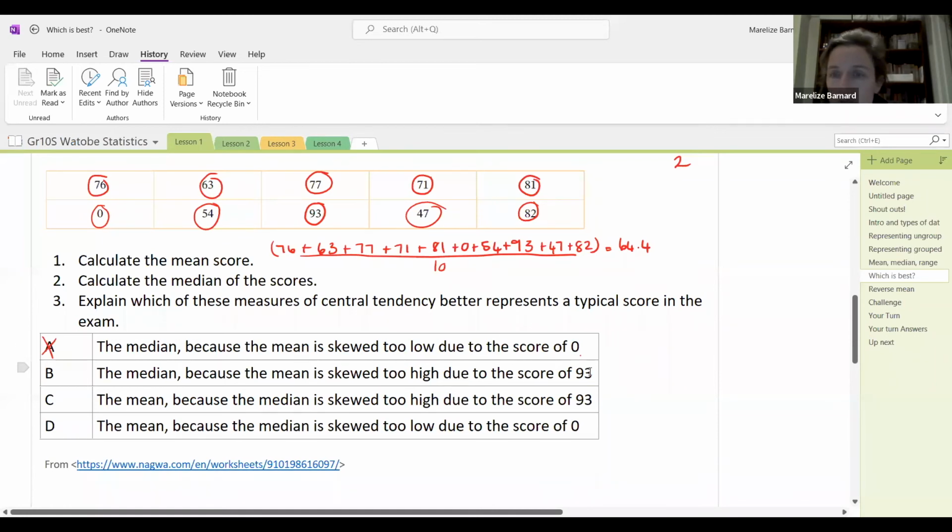It doesn't have that much of an effect on the mean. It's the 0 that's the problem, because it's 0 and then the next value after that is 47. So the 93 is not that far away from the 82 and the 81, etc. So that's why we don't think it's B. Okay.